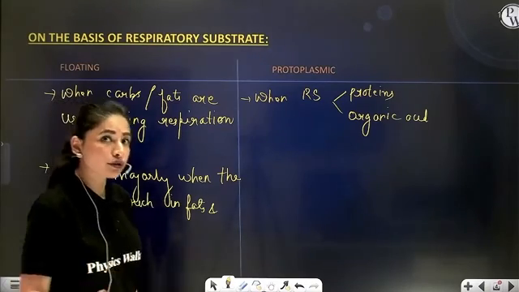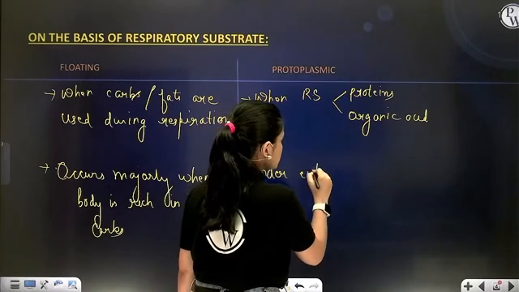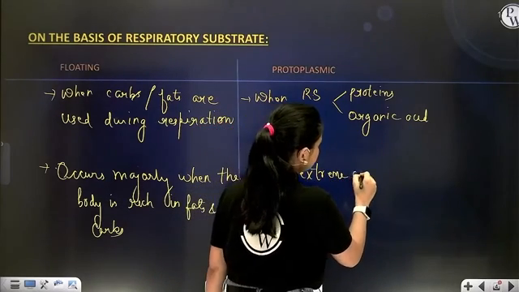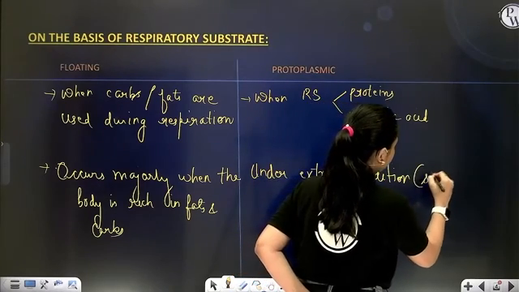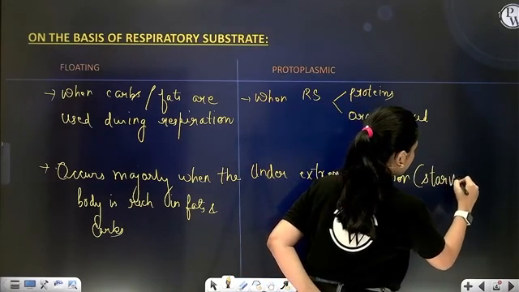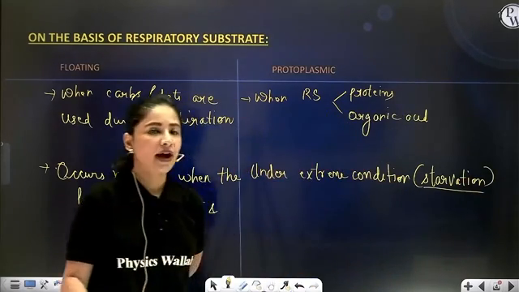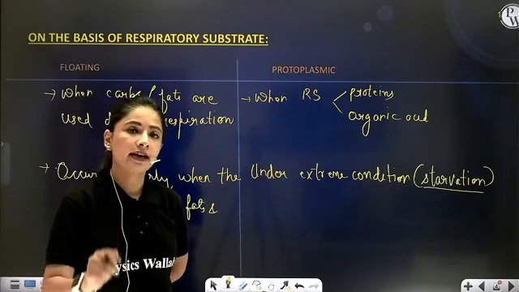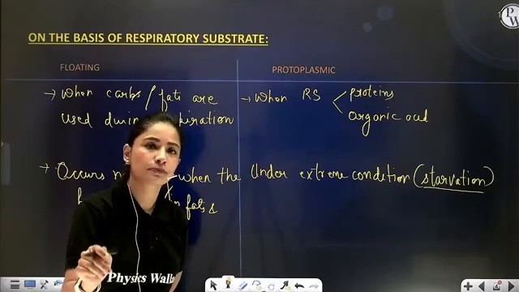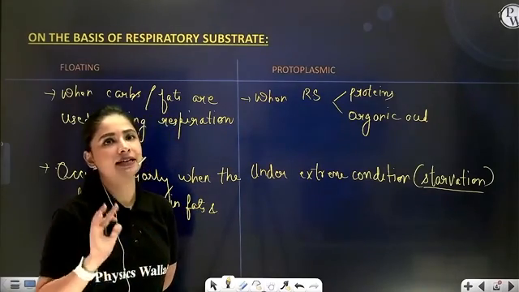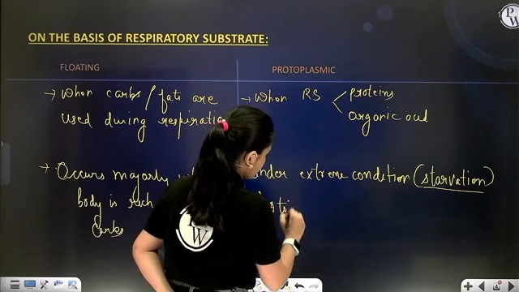However, under extreme conditions, like starvation, when you are not eating any food and all carbs and fats are over from the body, then the body, in order to survive, starts utilizing proteins from the protoplasm, cell membrane, etc. So under extreme conditions, protoplasmic respiration operates.